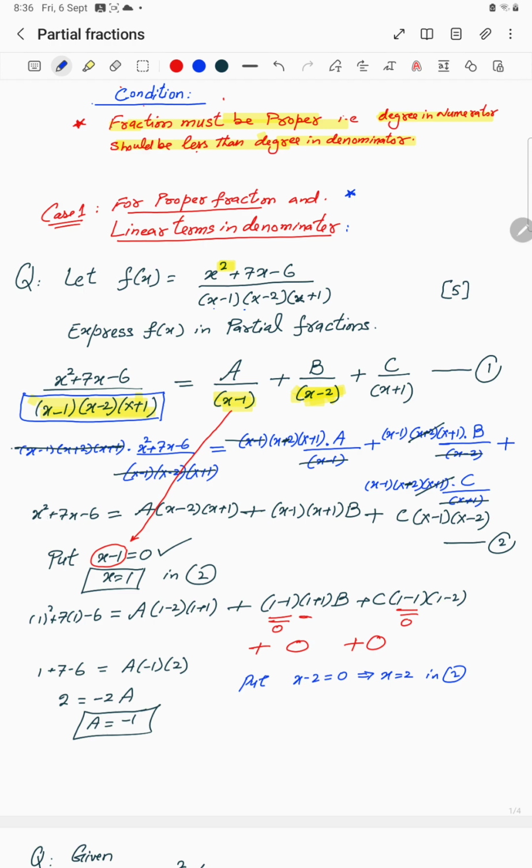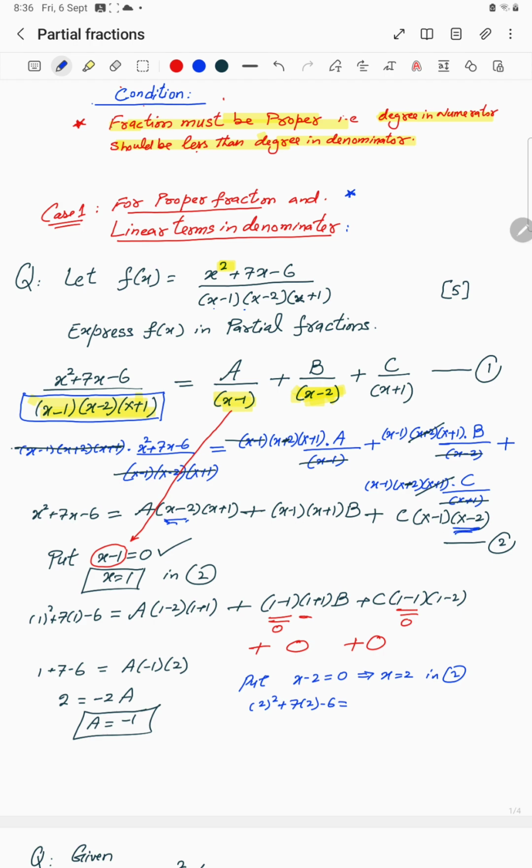And the left hand side will be 2 square plus 7 times 2 minus 6 equal to, here you can see, for A, when you put in equation number 2, 2 minus 2 is 0, so A is eliminated. For C, again, 2 minus 2 is 0, so it will be eliminated.